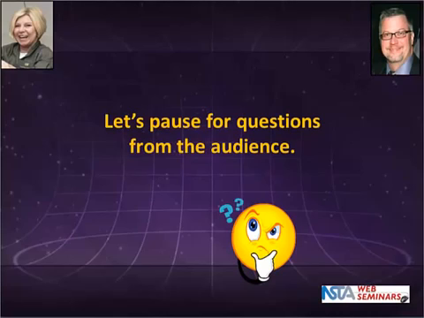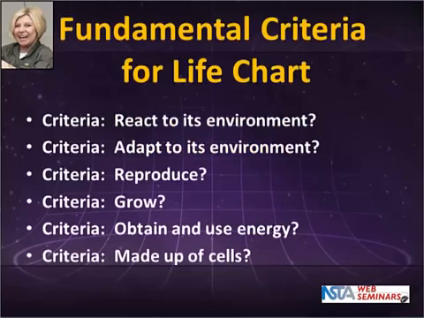What about gas exchange? Let me go back to the list of criteria. If you take a look at this, react to its environment, reproduce, grow, obtain and use energy, yes, that would probably fit into that particular category. Reproduction, for life to continue but not for life to exist. Yeah, that's true, but if we want to continue to find it, we really do expect it to reproduce.